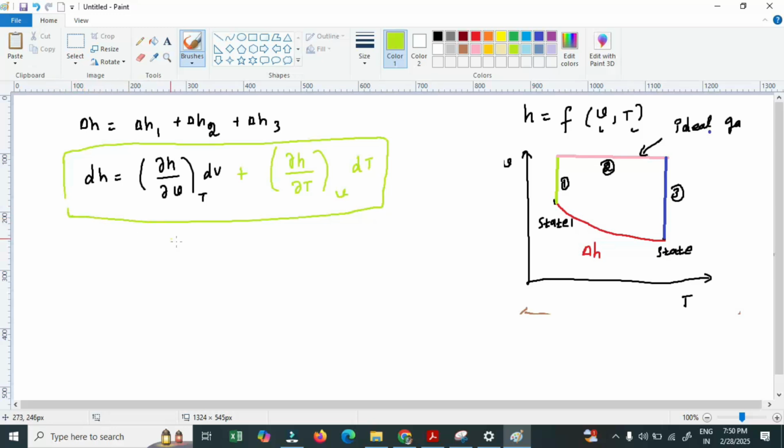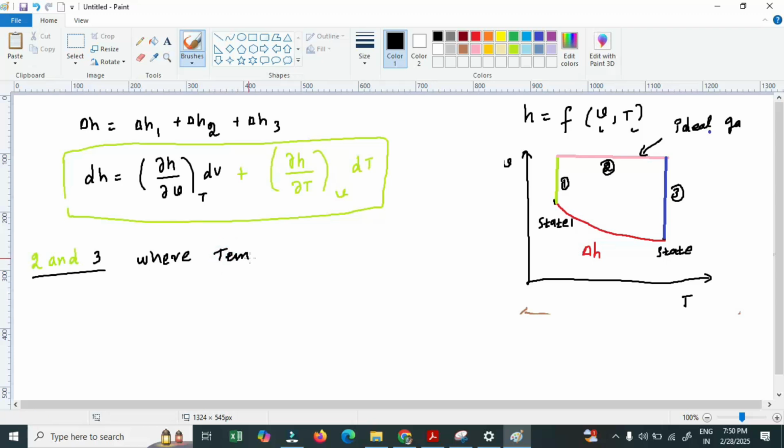Therefore, I have dH equal to dou H divided by dou V at constant temperature dV. For step number 2, my volume is constant.